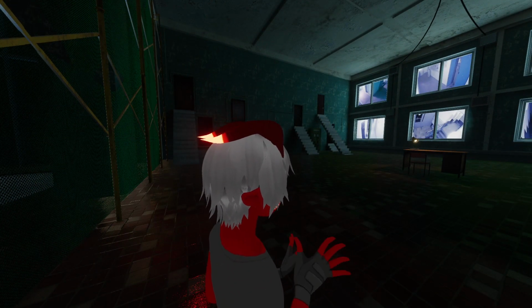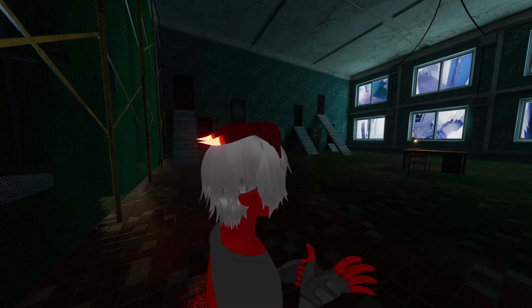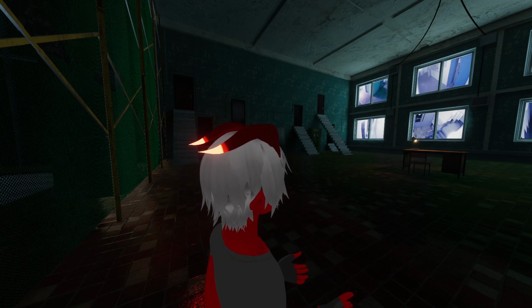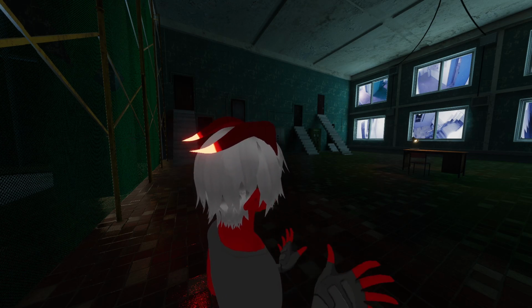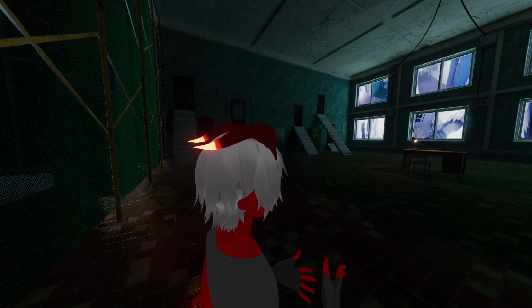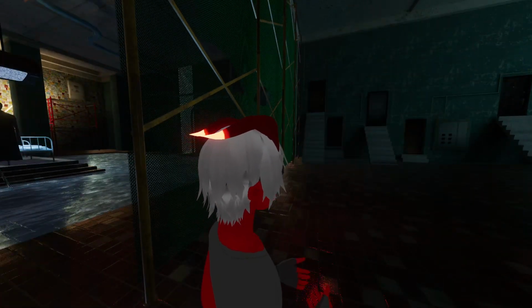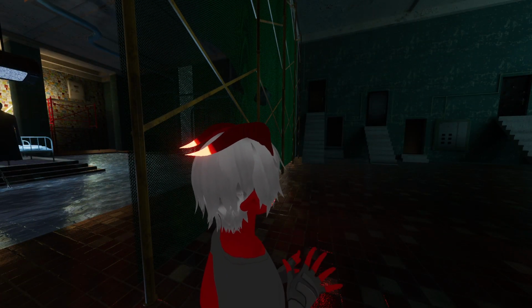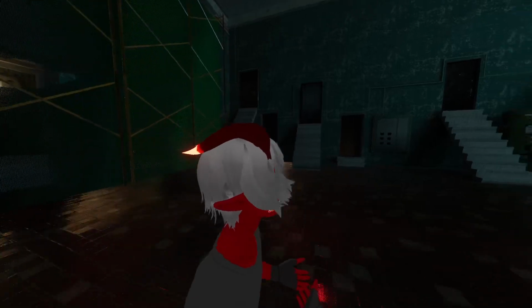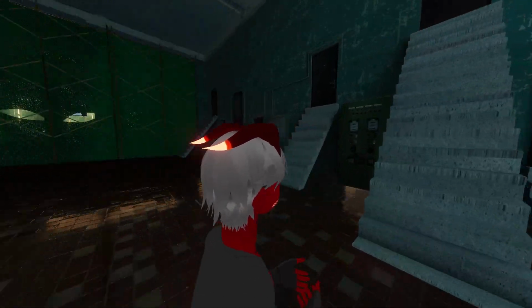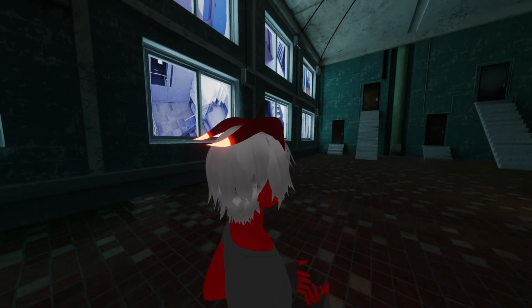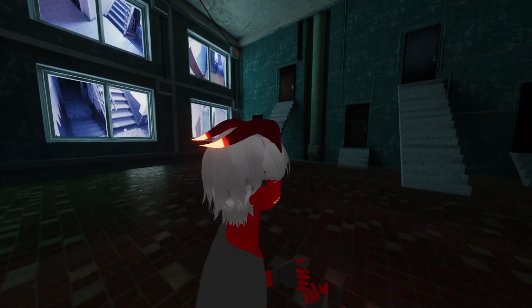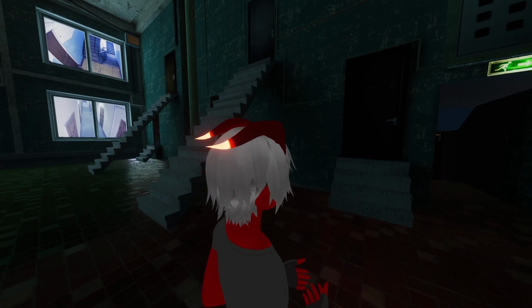I can watch a horror movie, and I've watched Freddy Krueger when I was 12, Nightmare on Elm Street, and I did not jump at anything on that. It never scared me. I've watched Candyman, or Jason, or all of those horror movies. Never jumped since I was young, and as an adult. I've never ever jumped at horror movies. But put me in VR, I am jumpy as hell.